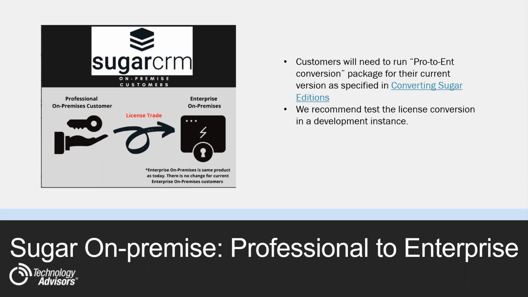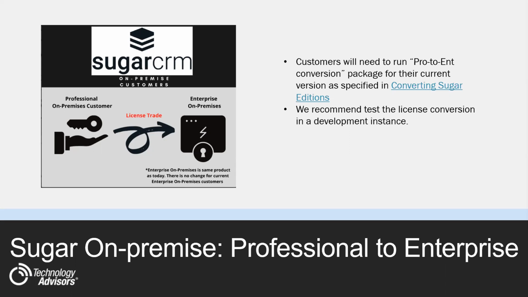The upgrade wizard will allow your administrators to easily convert that instance from Professional to Enterprise, and we do that just via a conversion zip file. Before running this conversion, it's always recommended to take a backup of your system and your file directory, just in case any issues do happen through that conversion process.